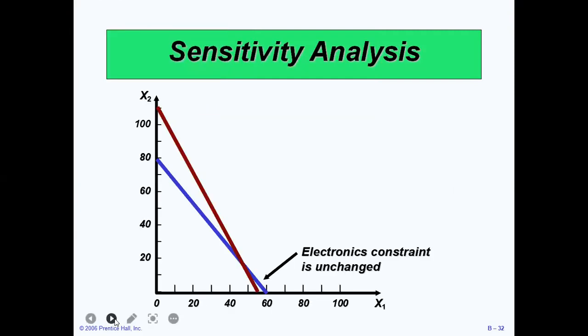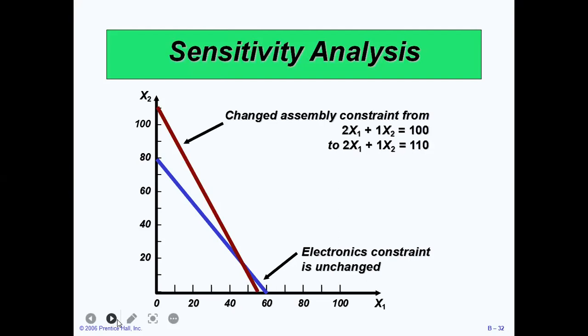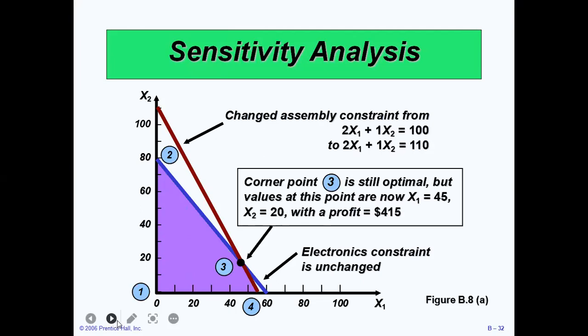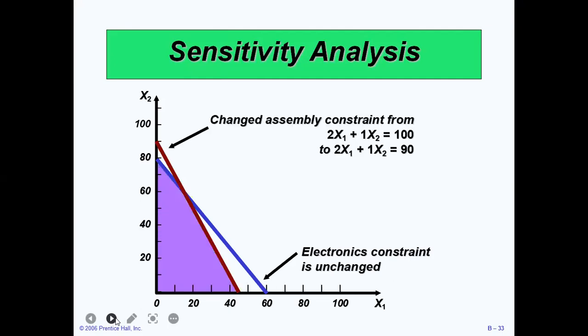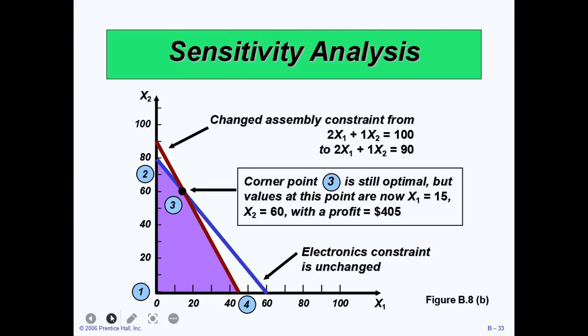In that case, the sensitivity analysis will change the assembly constraints from this. And this is the shaded region. By corner points, we get the maximum profit, $450. This also gives the solution. And in the shaded region, we get the profit $405.